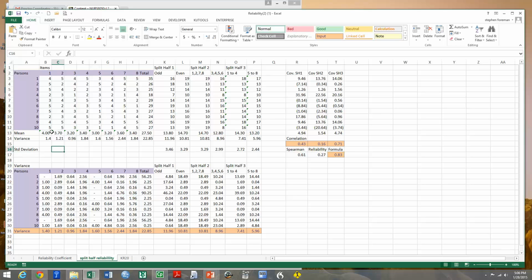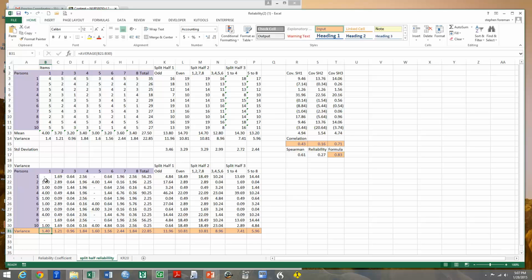And so we literally subtract the mean, that's B13, from the score. First one's B3, and we square it. So you see our formula up here, that's the difference squared. And that's our sum of squares.